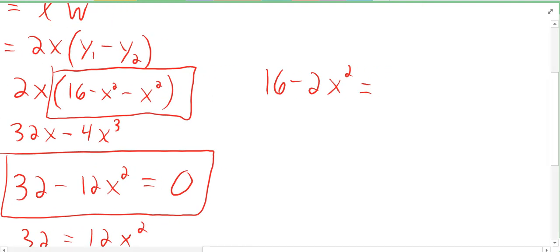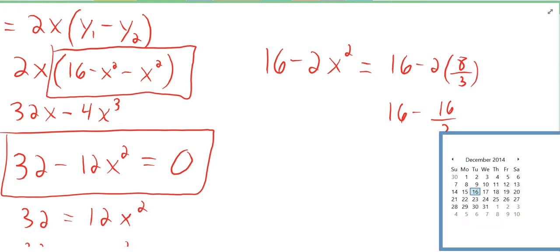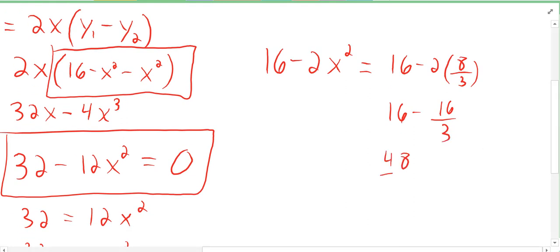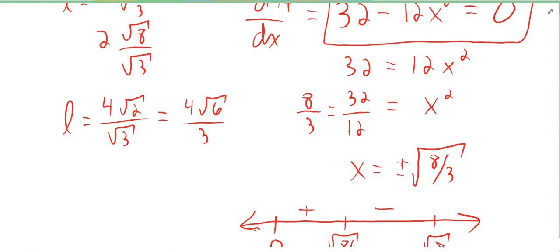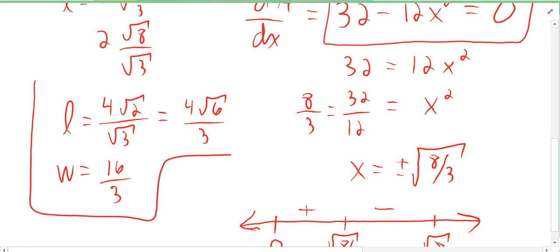So this is really 16 minus 2 times 8 thirds, which is really 16 minus 16 thirds, which is really 48 thirds minus 16 thirds, which is really 32 thirds. Cool. So the length is 4 root 6 over 3, and the width is 32 thirds. And there's no units on that, but those are the dimensions of the rectangle that has the largest area.